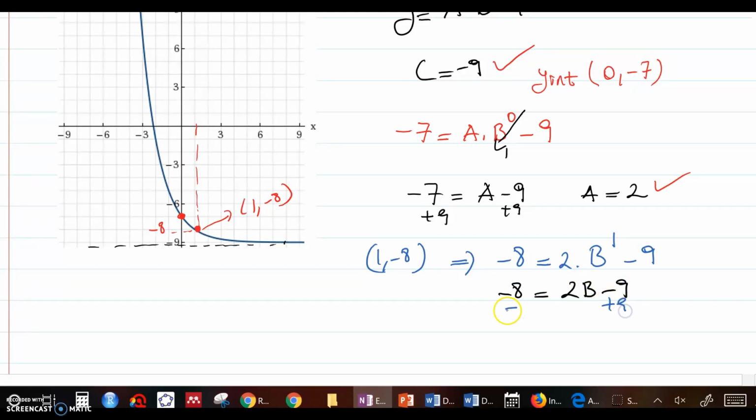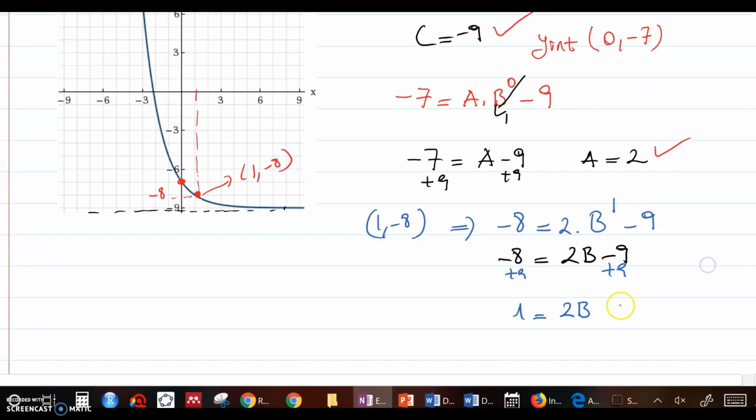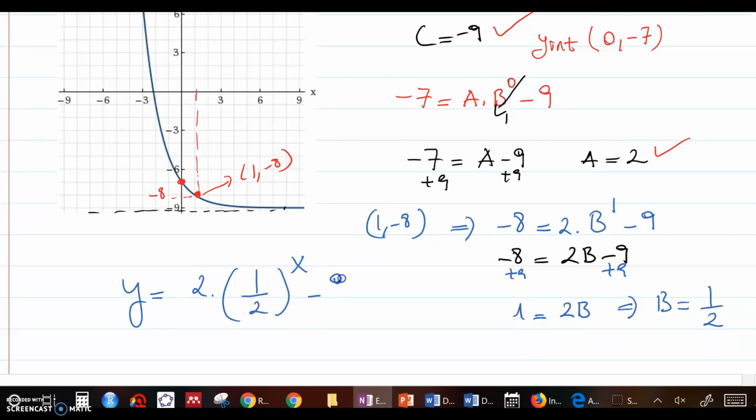Add 9 to both sides, so then we're going to end up with 1 is equal to 2b, and then b is equal to 1/2. So how would I write this equation? Ideally, that's how I would write it: y equals 2 times (1/2) to the power x minus 9. I would always put my exponent outside of the parentheses. That will be my solution.